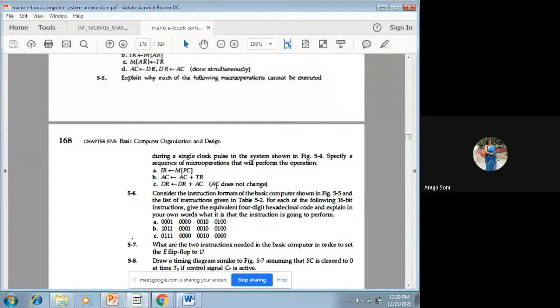And the contents of AC, which would have the addition of these two registers, need to be transferred to the DR, because the given statement says the final result needs to be transferred to DR, though direct connections are not given, and while meeting the condition AC does not change.